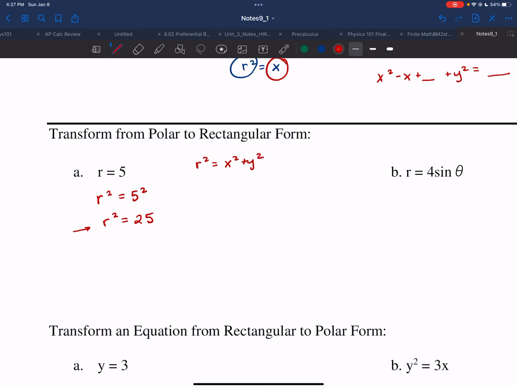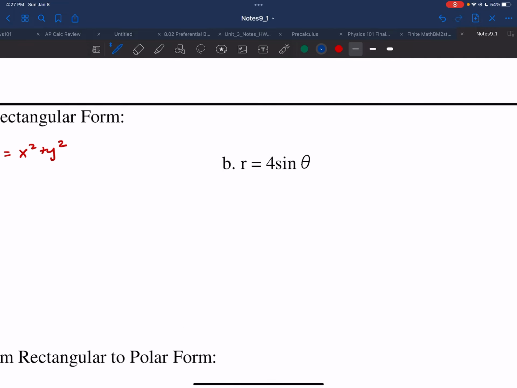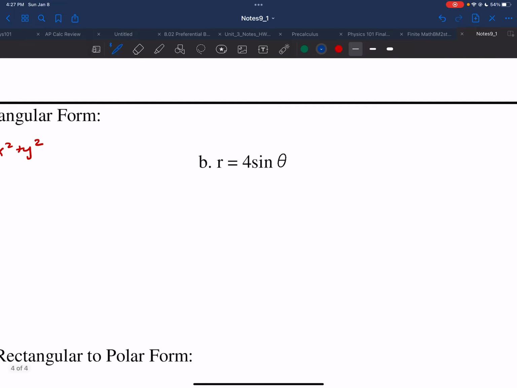So my equation would be x squared plus y squared equals 25, which is actually a circle with radius of 5 centered on the origin, but we will talk about that soon.